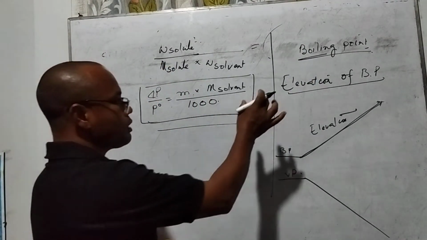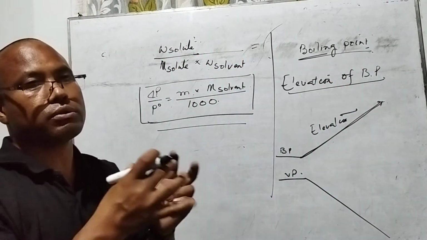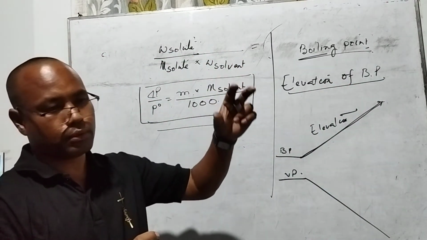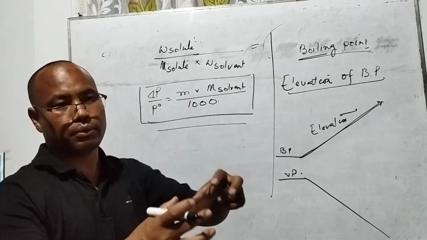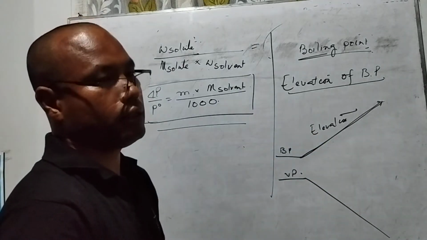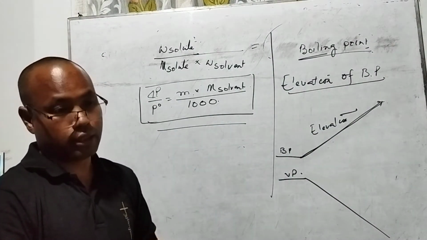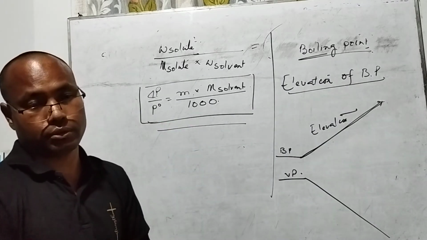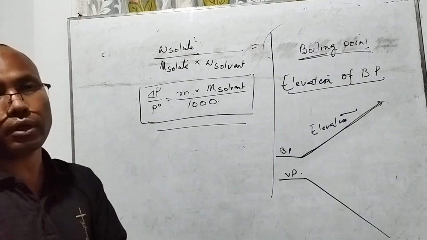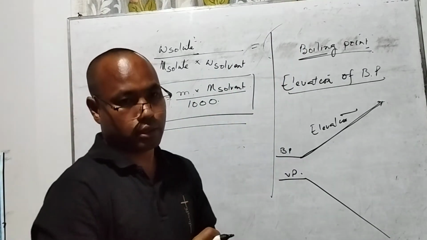Understand? This elevation of the boiling point also depends on the amount of the solute we added, because when we add more solute, there is more lowering of vapor pressure. If the vapor pressure is lowered more, the boiling point of the solution is more elevated, right?